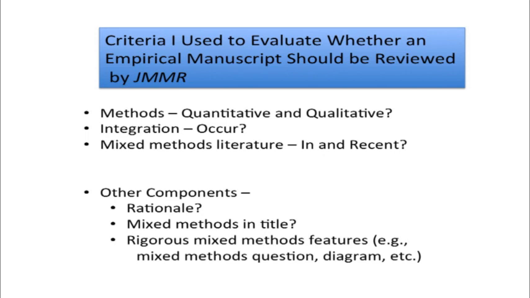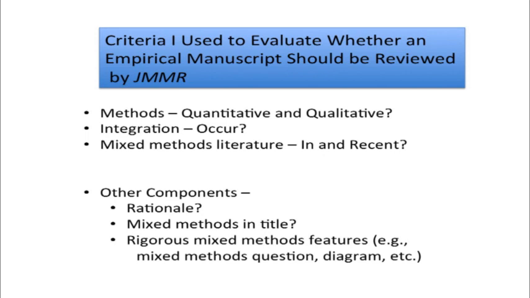Now beyond that, there were some other things that I began looking for, such as what was the reason for bringing in qualitative and quantitative research. So this is the rationale passage. It's very important in published mixed method studies. I was curious as to whether they put mixed methods in the title to clue the readers into this particular methodology being used.